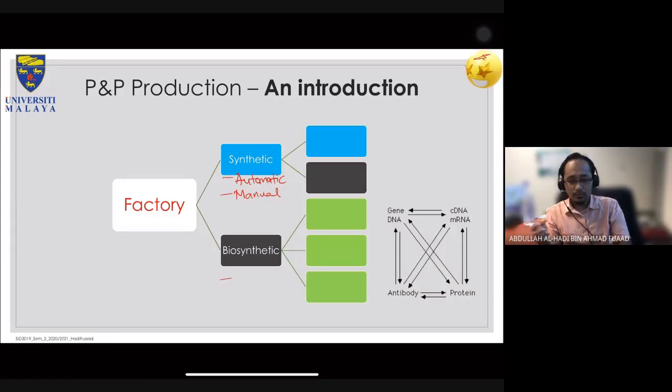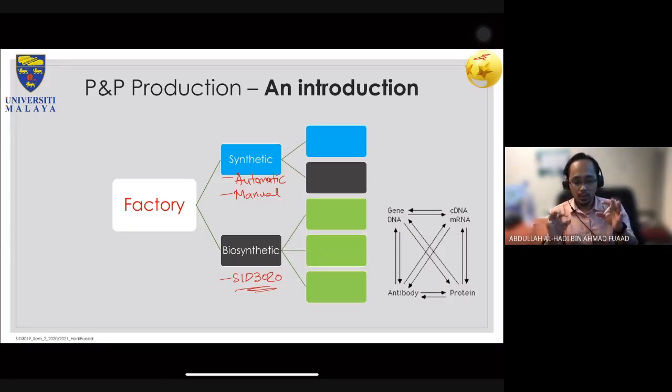Or the industry can proceed using a biosynthetic approach, which is related to the subject SID3020, biotechnological processes. If you have taken that course, I did not go into much detail on how you actually do it.